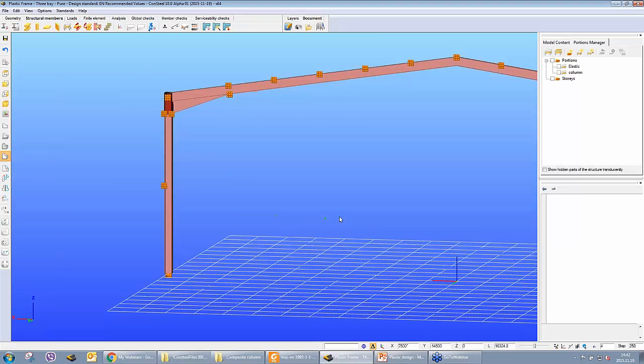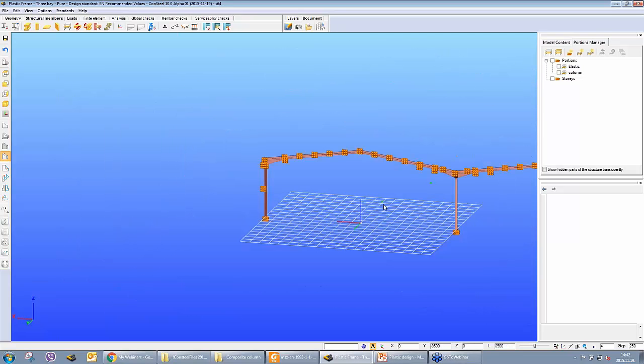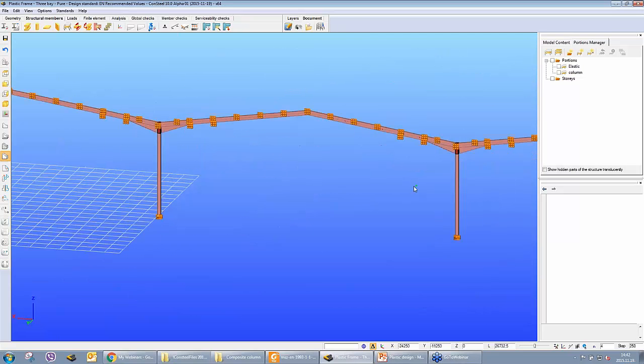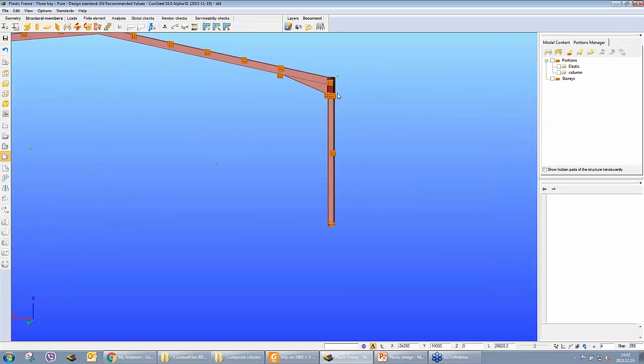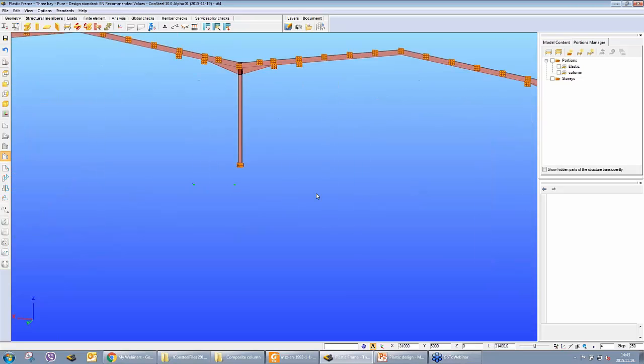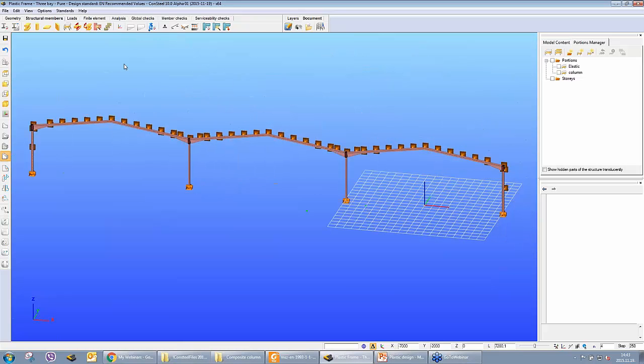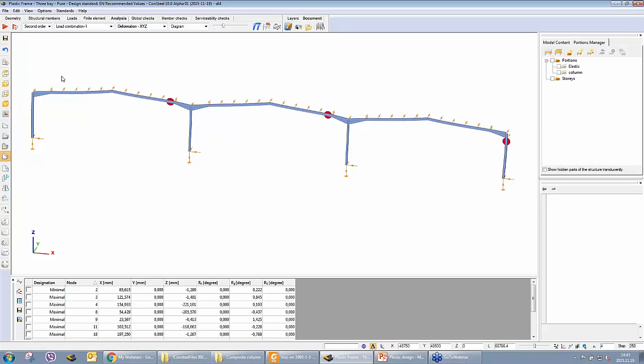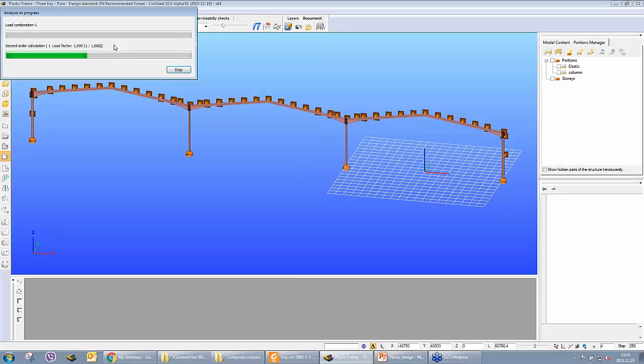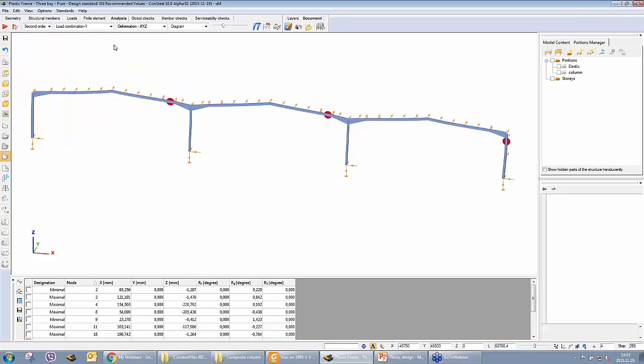So now I have taken in the right positions the additional restraints required by the stable length check, and now I run the analysis again. Of course, the in-plane results are not modified by these additional restraints, because those are only acting out of plane.